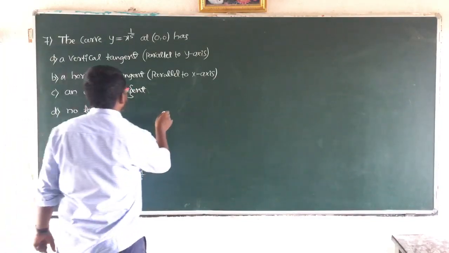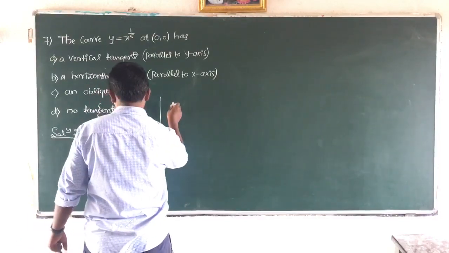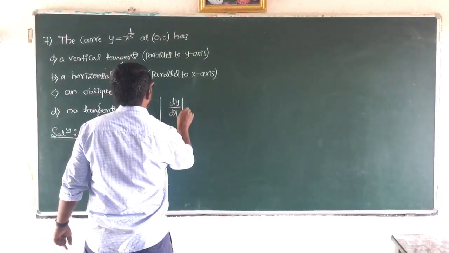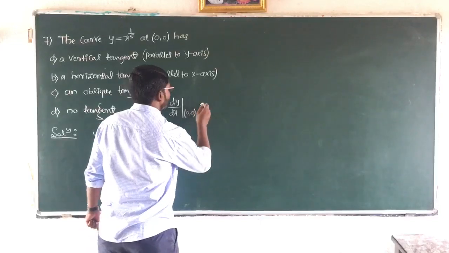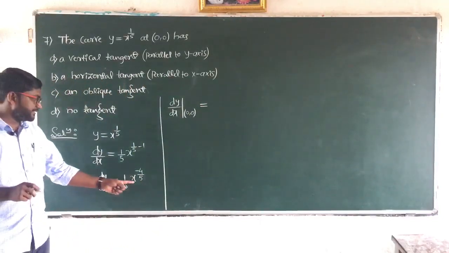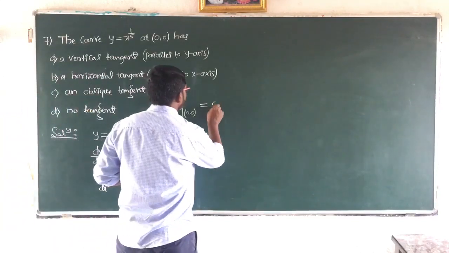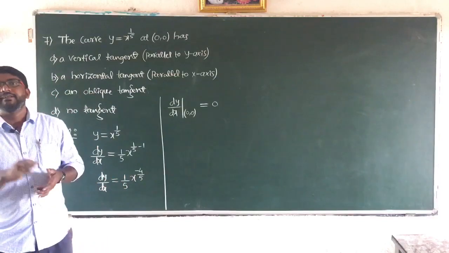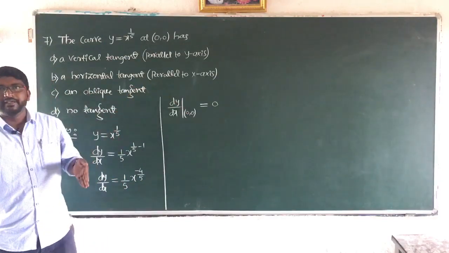Now see here, dy by dx at 0 comma 0. That means, in place of x, if you write 0, this entire term will be 0. So, dy by dx is equal to 0. What is dy by dx? It is the slope of the tangent. Whenever the slope of the tangent is 0, it is parallel to the x axis.